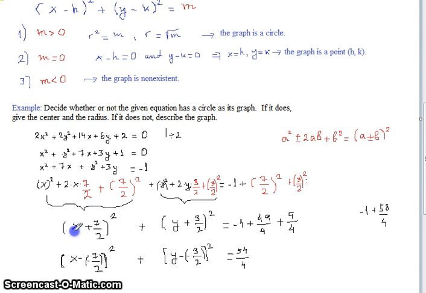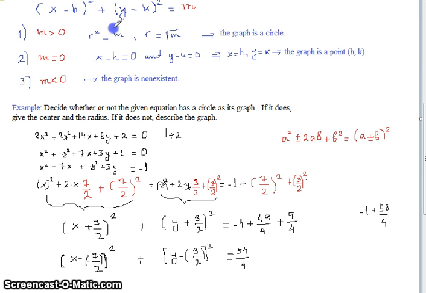On the left side, instead of x plus 7 over 2, we can express this as x minus negative 7 over 2, and here y minus negative 3 over 2. Now let's compare this form to the one that we talked about in the beginning. We see that the left side is the sum of two perfect squares, and the right side of this equation is a positive number.